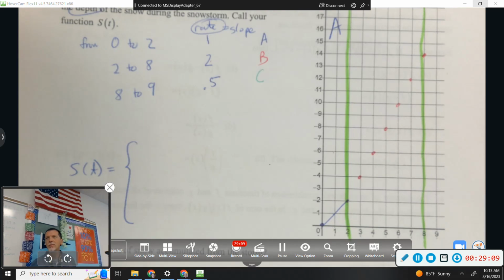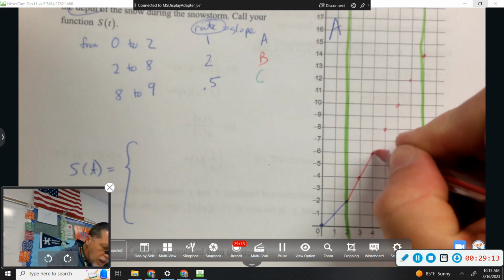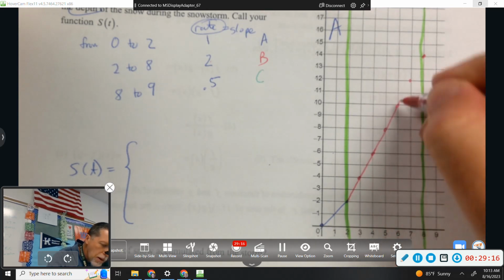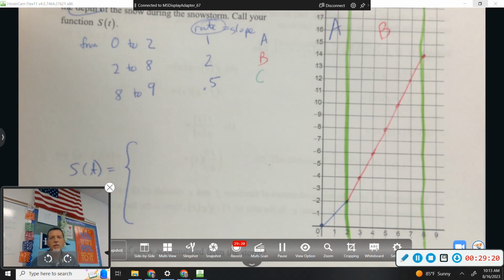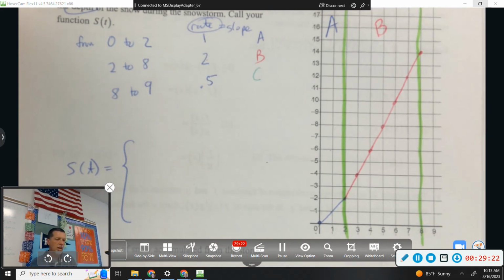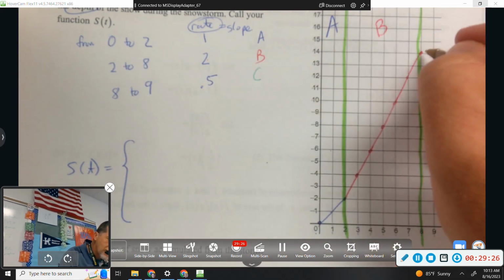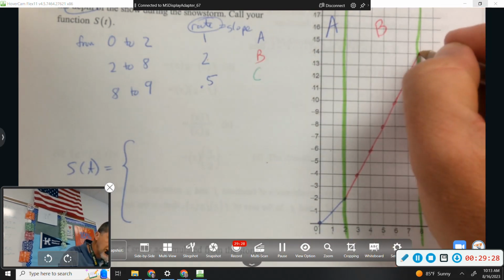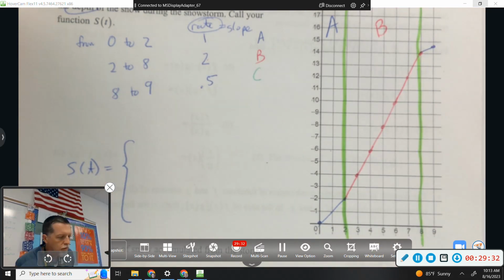It's going to be the same point. Right, so there's B. And then for that last hour, the slope's only a half. So during that last hour, I'm only going to gain a half an inch of snow. So I'll end at 14 and a half.